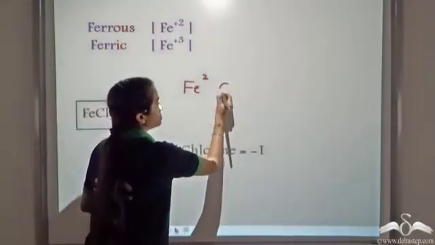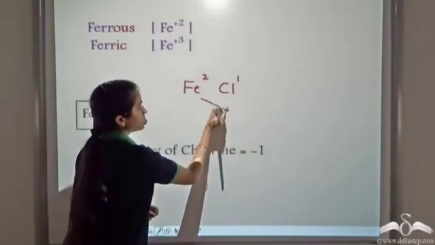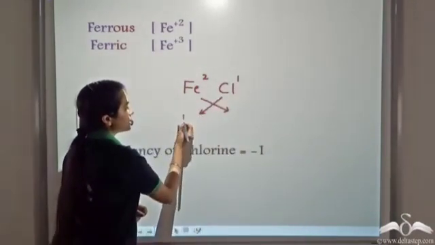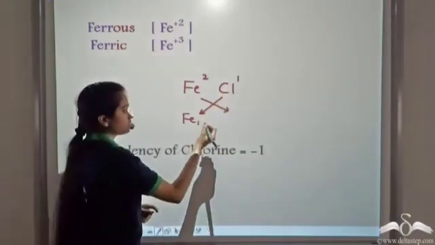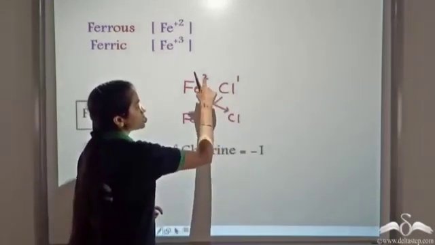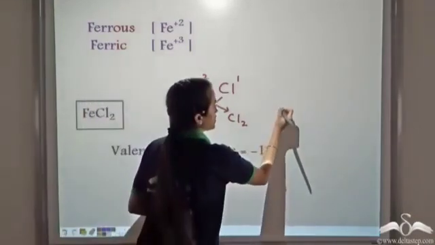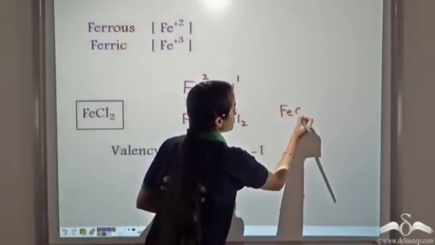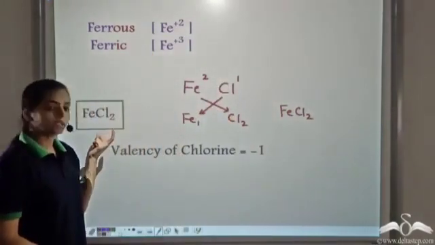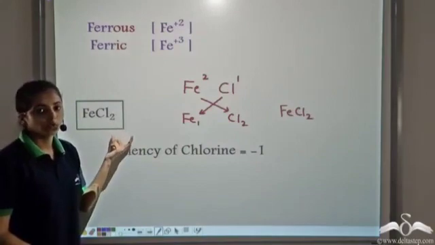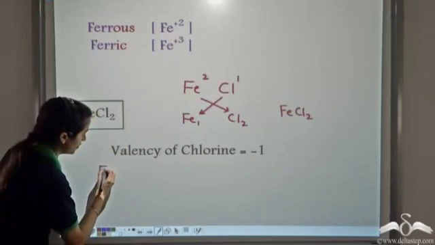Similarly, for chlorine, we write the 1 ignoring the sign. Then we interchange the valencies. So this 1 superscript becomes a subscript here, and this 2 becomes a subscript here. We can ignore this 1 and it becomes FeCl2. So when we are using ferrous, we get the chemical formula FeCl2. So the chemical name of FeCl2 is ferrous chloride.